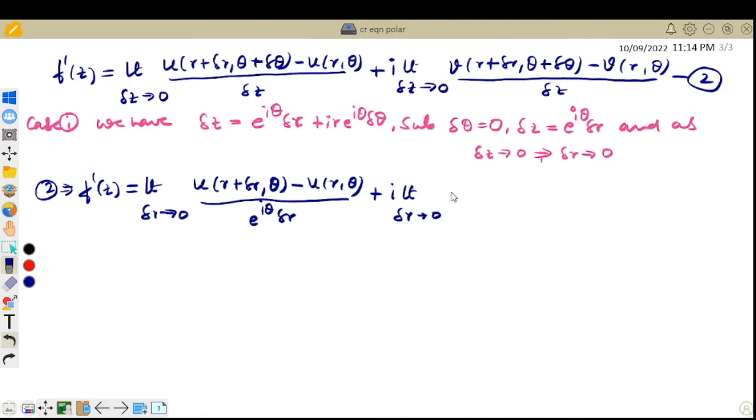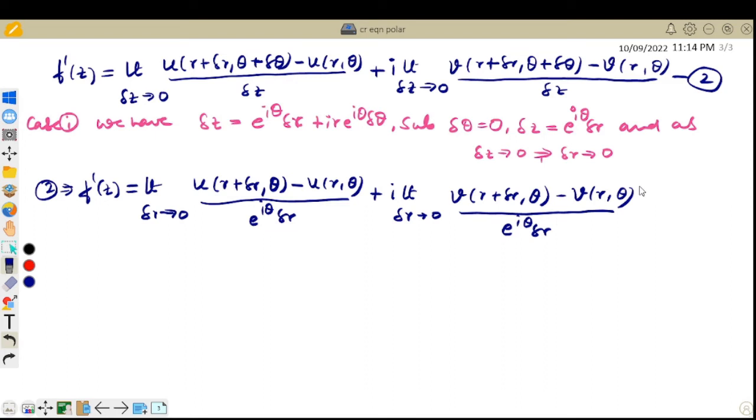Here also v of r plus delta r is as it is. Substitute delta theta equal to 0, then it is just theta, minus v of r comma theta, divided by denominator delta z, which is e raised to i theta into delta r.